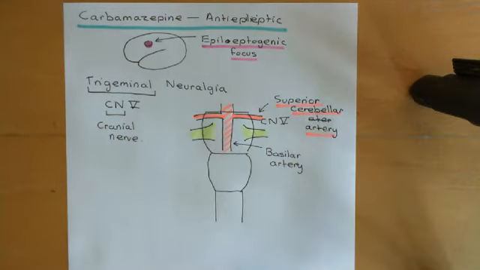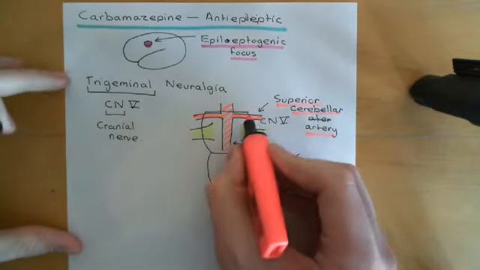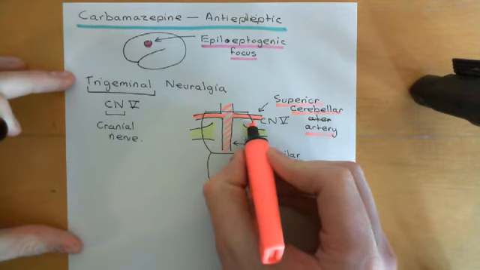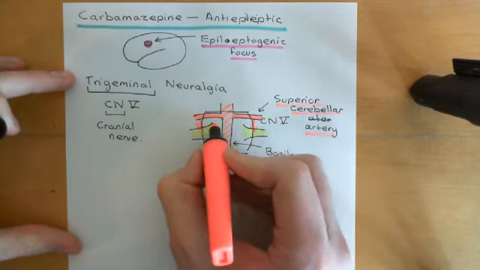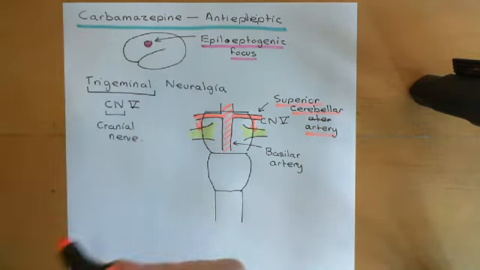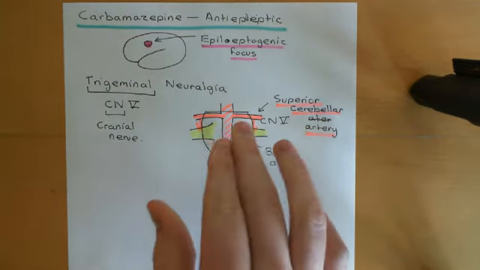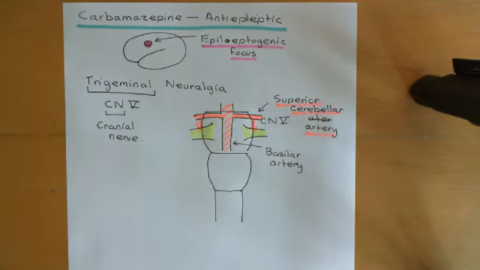Basically, trigeminal neuralgia is believed to occur because the superior cerebellar artery compresses the trigeminal nerves at the points where they enter the pons, and that leads to damage to the fibers entering here. If those fibers are nociceptive fibers, they can start firing spontaneously, and that leads to neuropathic pain.